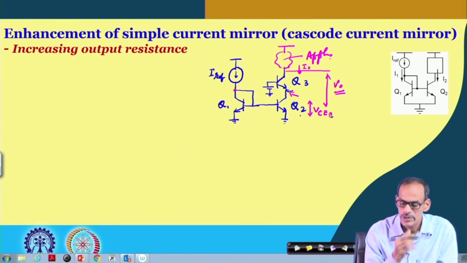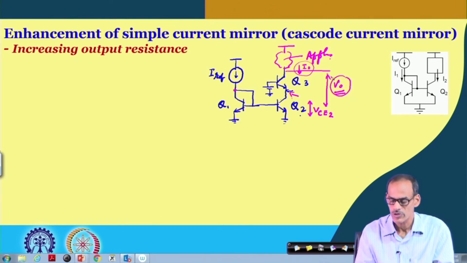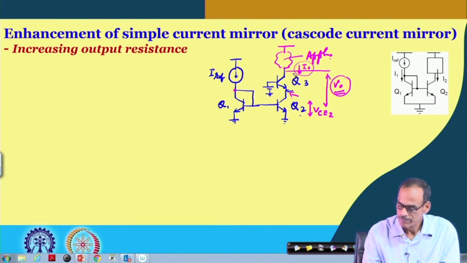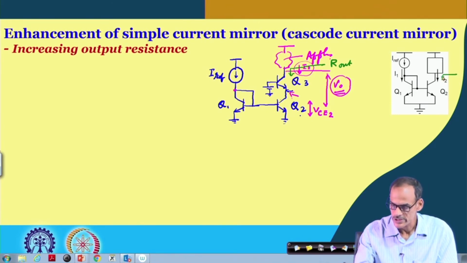As a result, the current flowing through this transistor, or the final current, hardly depends on this output voltage. You can say that the output resistance looking into the collector is much higher than the output resistance of the simple circuit.